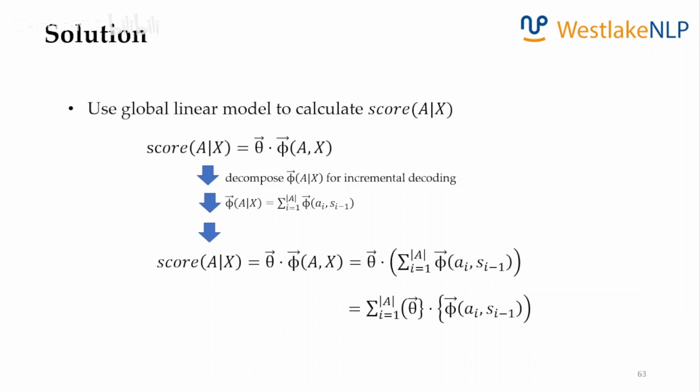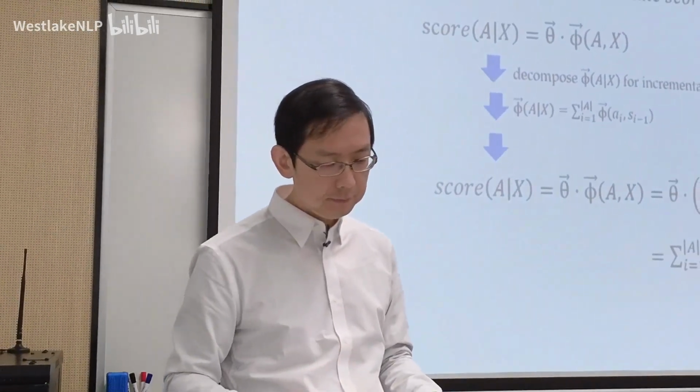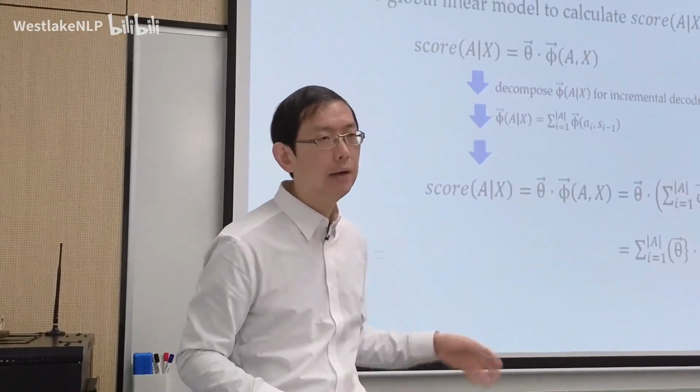So theta dot the sum of local phi is equal to the sum of theta dot local phi, right? So again, now if you look at theta dot local phi, this is like a local action score now. Very similar to what we did for CRF. We factorize the feature so that you have an energy or a local score on each factorized clique. So this is how you do the global model.